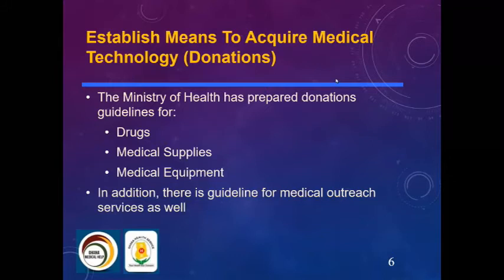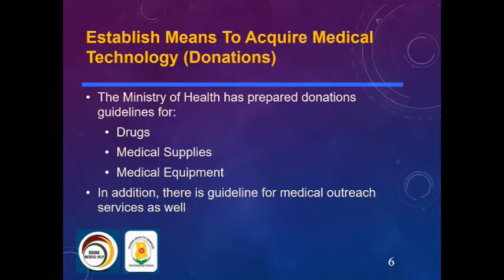So establishing means to acquire medical technology, that's donations. The Ministry of Health has prepared donation guidelines for drugs, medical supplies, and medical equipment. And these donation guidelines have some sections to look at. So it says all donations should be based on express needs and be relevant to the disease pattern in Ghana.